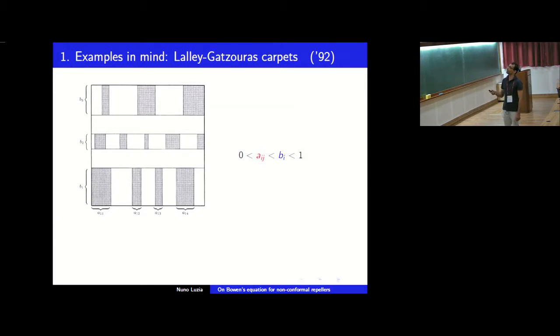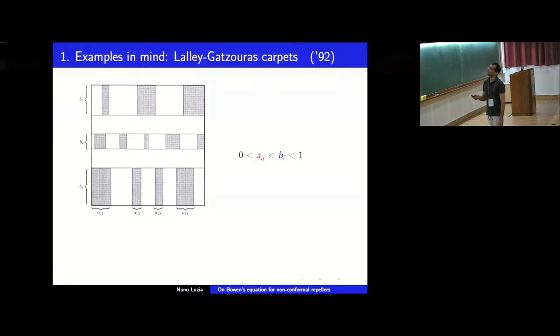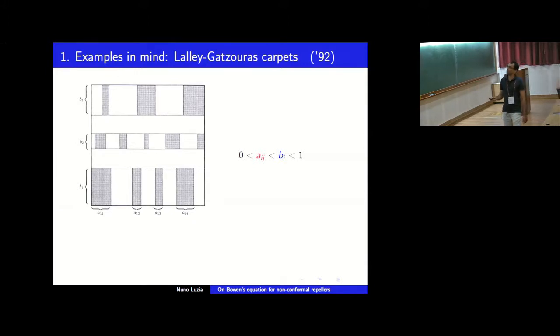So in here, it will be like the initial figure, but scaled to here. So there will be a bunch of holes here, and we do that in each of these rectangles. So these rectangles have widths, the a_ij, that I've written here in red.